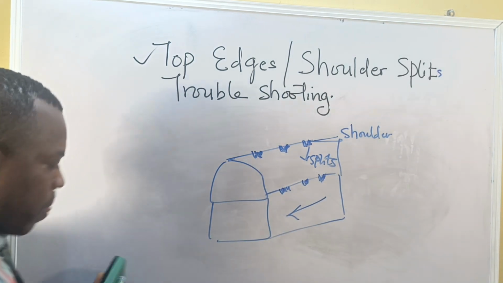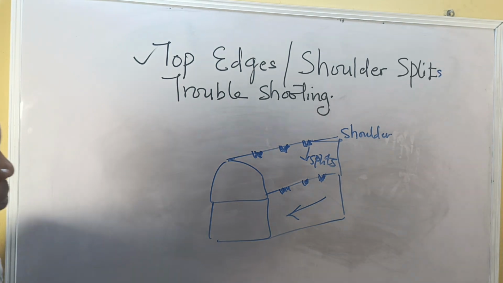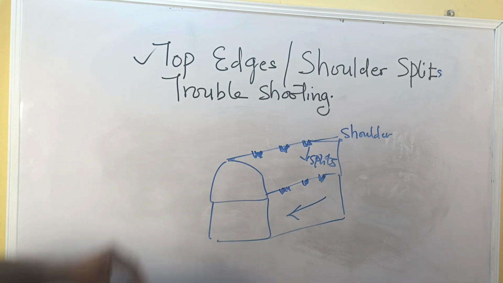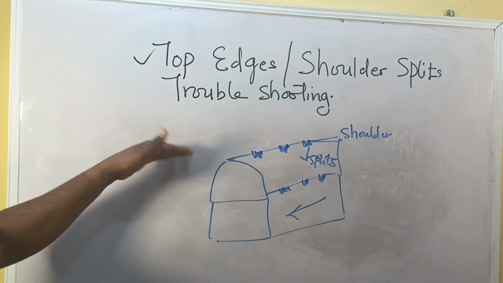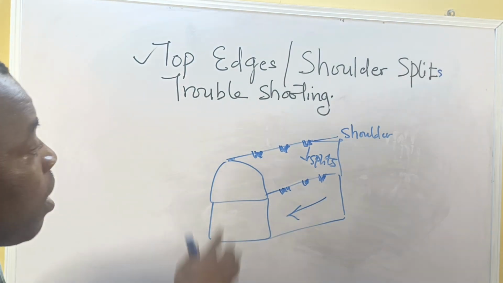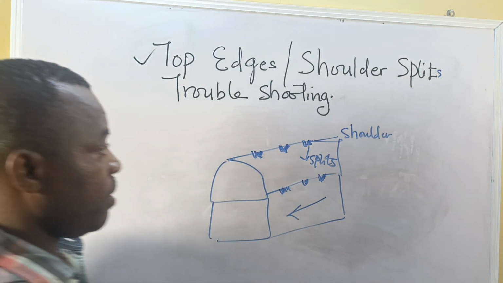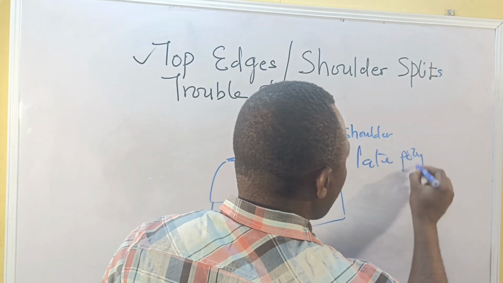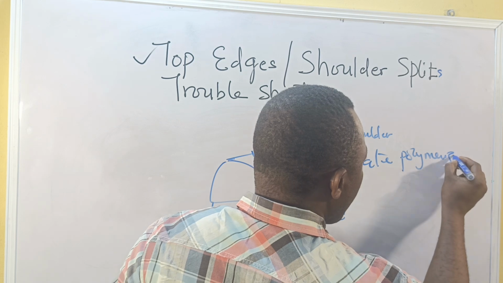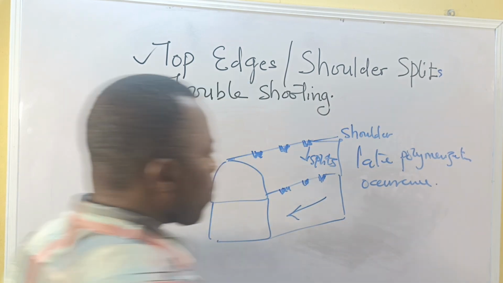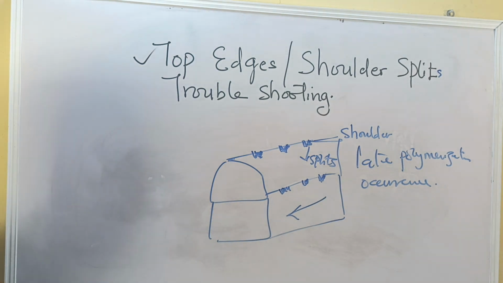Okay, at the shoulder. Now, looking at this, it takes us back to the polymerization reaction. By looking at this while you are foaming, as a process chemist or a foaming engineer, you know that your polymerization occurred late. This is a late polymerization occurrence.